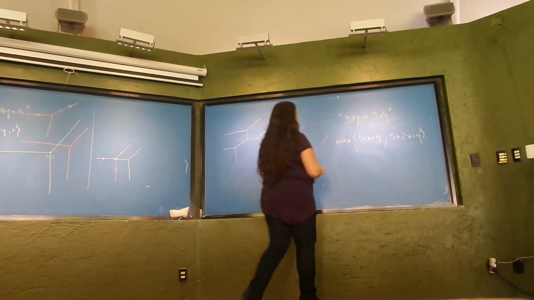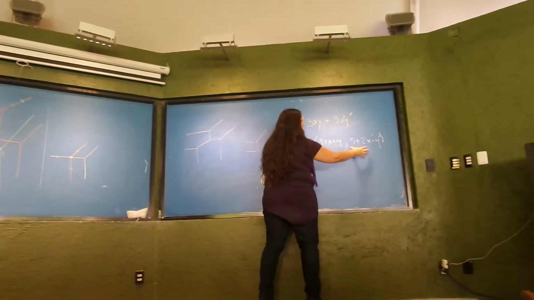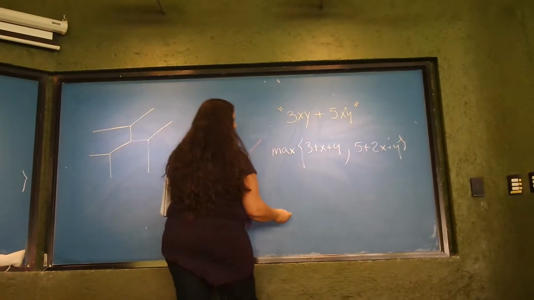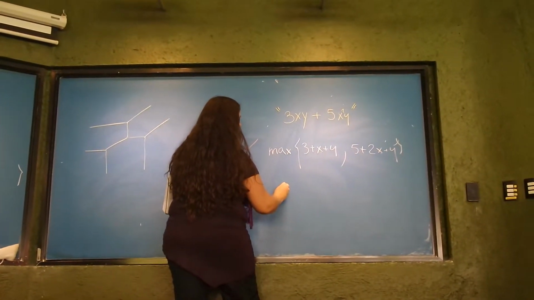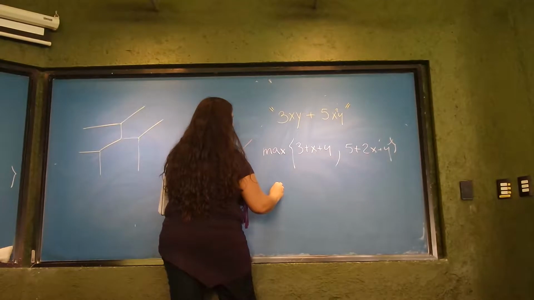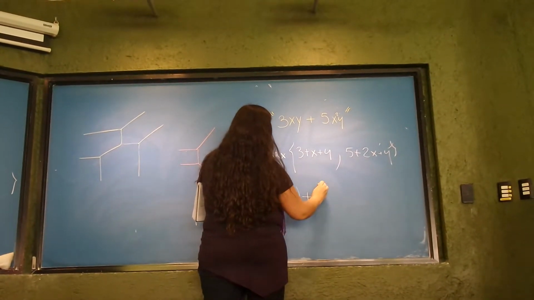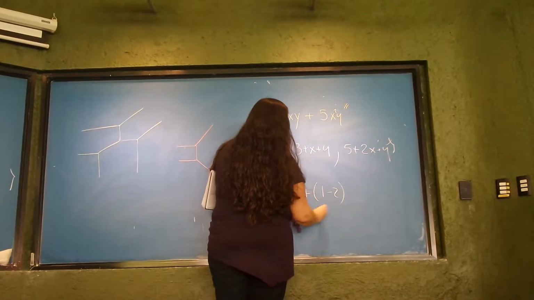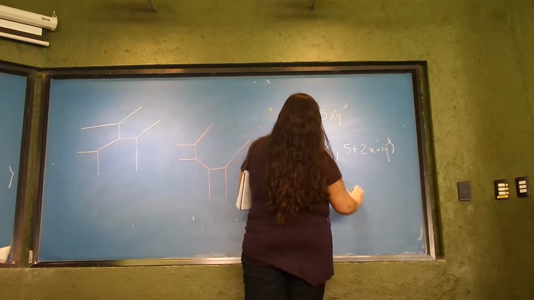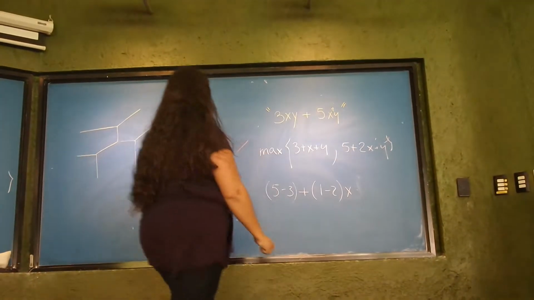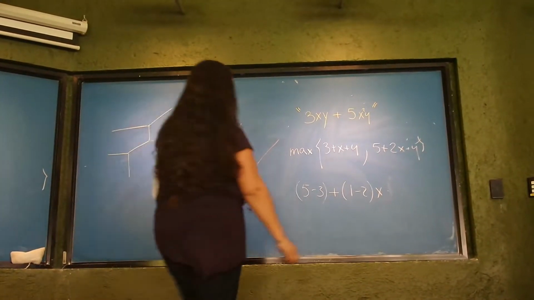And the curve defined by this is where these 2 linear functions are equal. Then we will have 5 minus 3 plus 1 minus 2 x plus 0 y equal to 0.